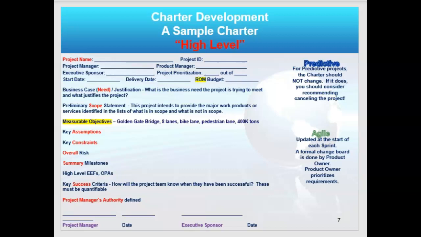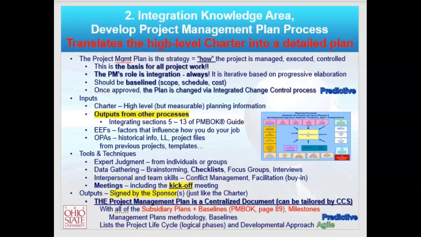It'll be a bike lane also each way, a pedestrian lane, right? Those are high level. They're still measurable requirements, but high level, okay? So there's some notes there about predictive and agile projects, okay? Make sure you note those in your study, as that's now a new emphasis on the exam.